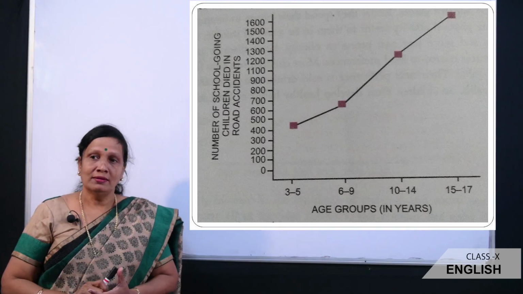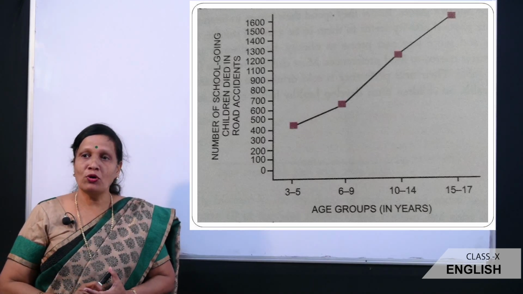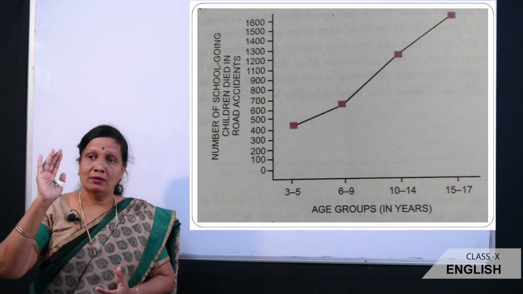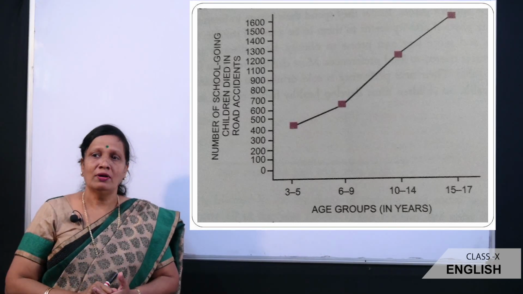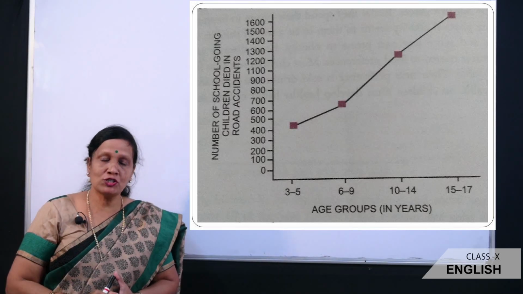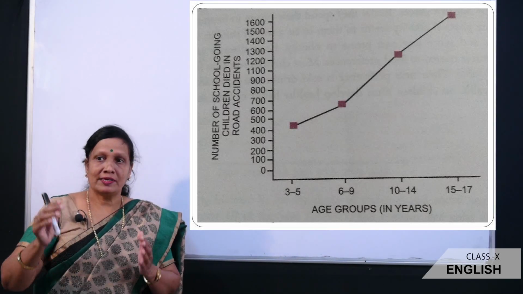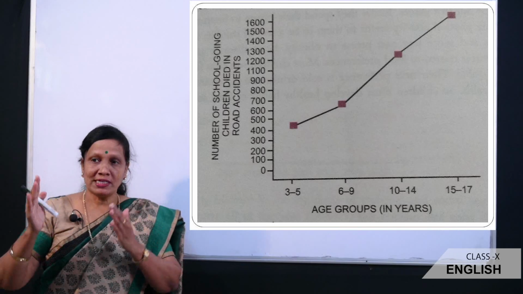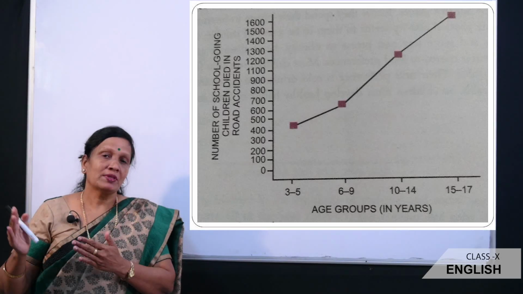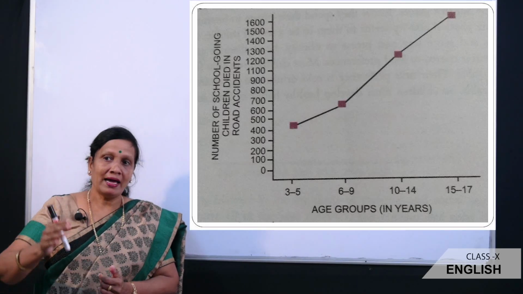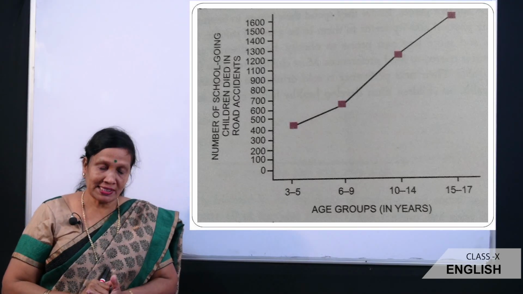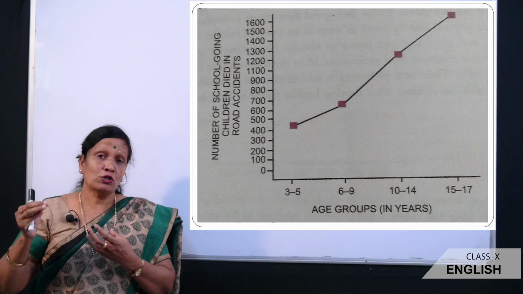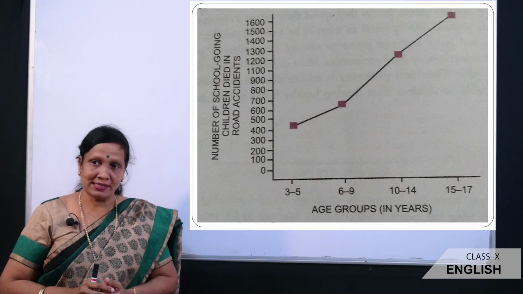On one side the number of school going children died in road accidents, and here you have x-axis, you have age groups in years, that is age group 3 to 5, 6 to 9, 10 to 14, 15 to 17, and on the y-axis you have the number of deaths occurred of school children because of these road accidents.